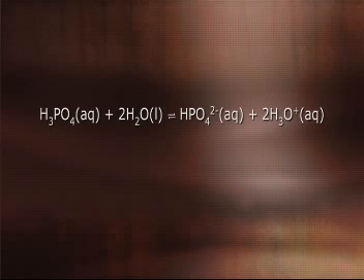HCl in the first, water or H2O in the second, and phosphoric acid, or H3PO4, in the third reaction are Bronsted-Lowry acids. This is because they behaved as proton, H+, donors.